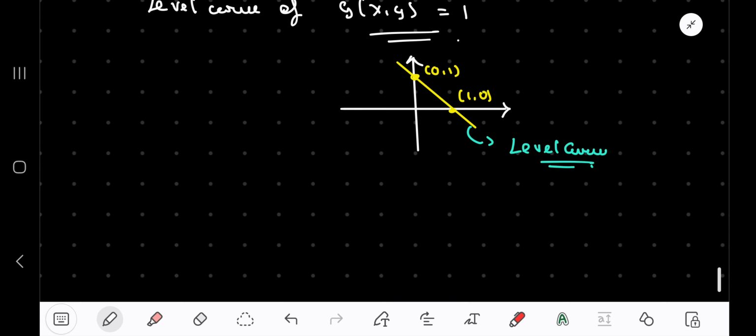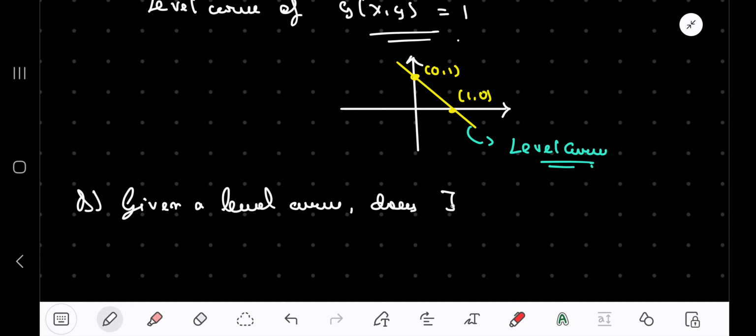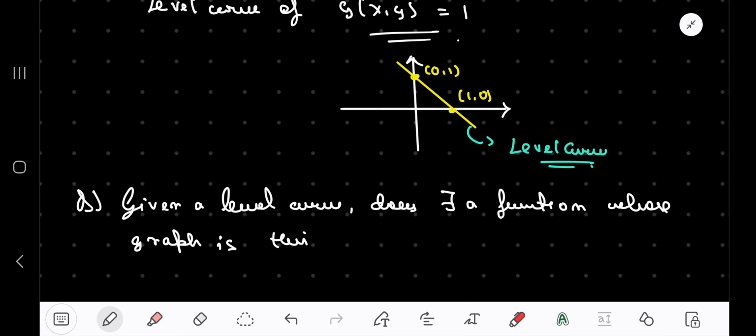So the question is basically, given a level curve, does there exist a function whose graph is this level curve?